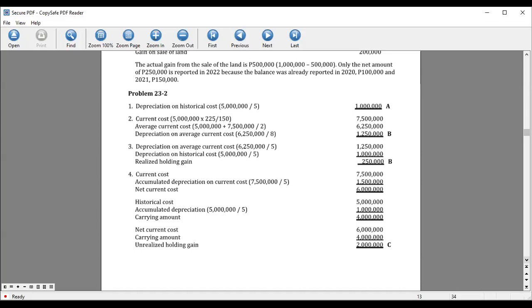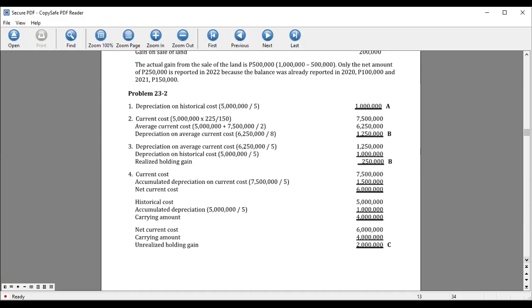That was the initial life of the asset with no residual value, so at this time you have to consider that there is no residual value, so we deduct 0 from that amount.